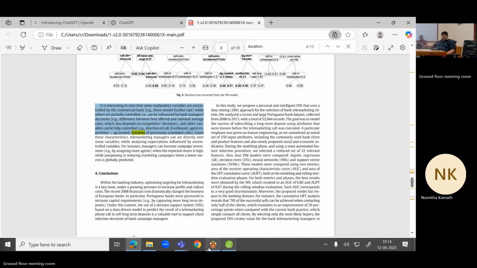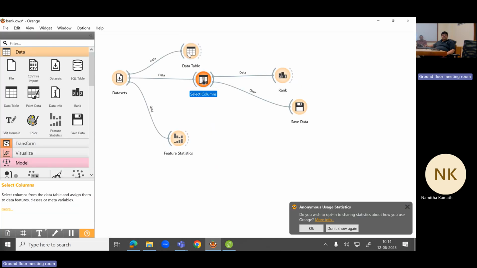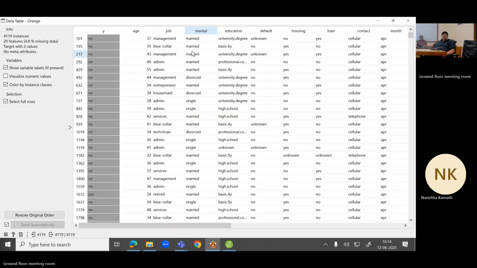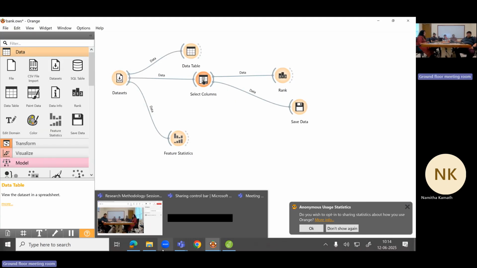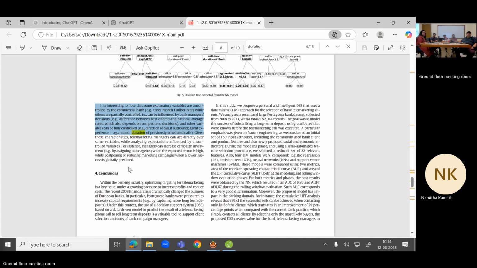Here, how much is the sample size we have? 4,119. What is the sample size they gave you in the paper? They might be different.